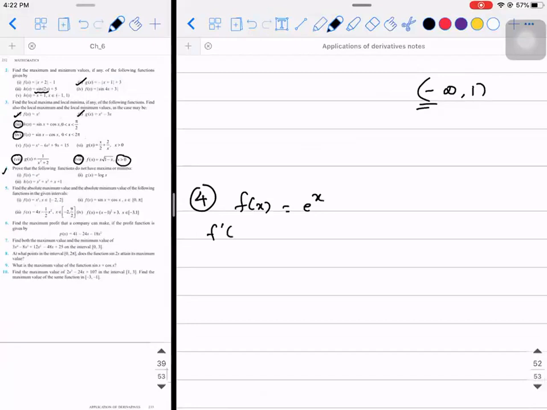So f dash of x is nothing but e power x only. Remember, e is approximately 2.718. If you recollect the exponential functions topic in 5.5 or 5.6, I would have explained this. So e power x is 2.718 to the power of x. What should be the value of x for this to be 0?